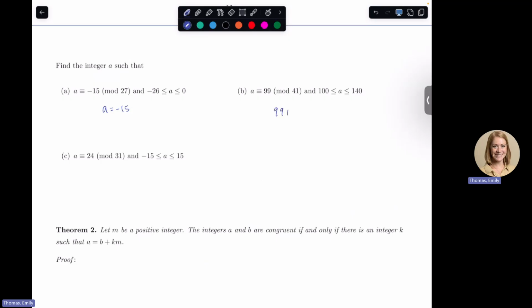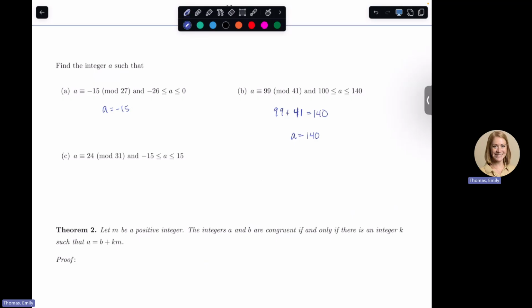You're going to do 99 plus 41, a full cycle of the mods. So 99 plus 41 is 140. If you wanted another one, you would add 41 again, which would be 181. So A is 140 here.